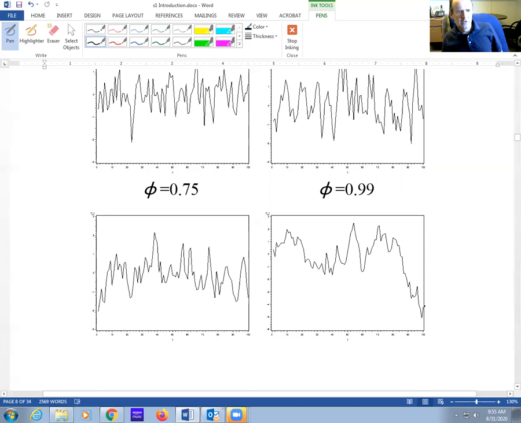But if it's a stationary process, what do you know about this? Will it still have an expected value of 0 for stationarity? Yeah, that's right. I've generated data with the mean 0.